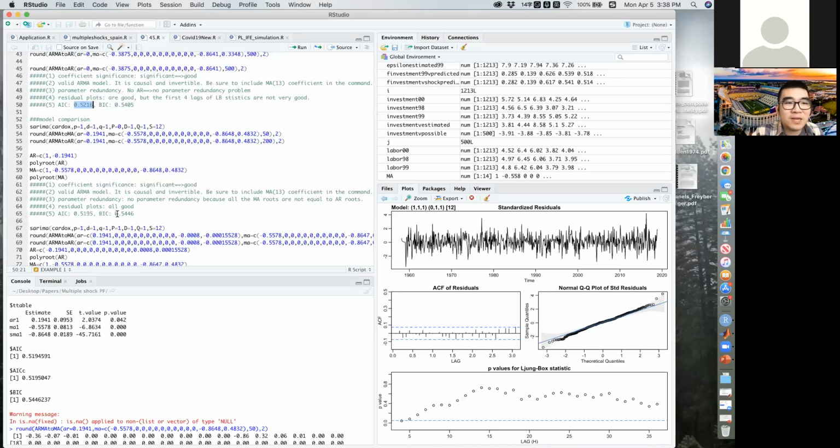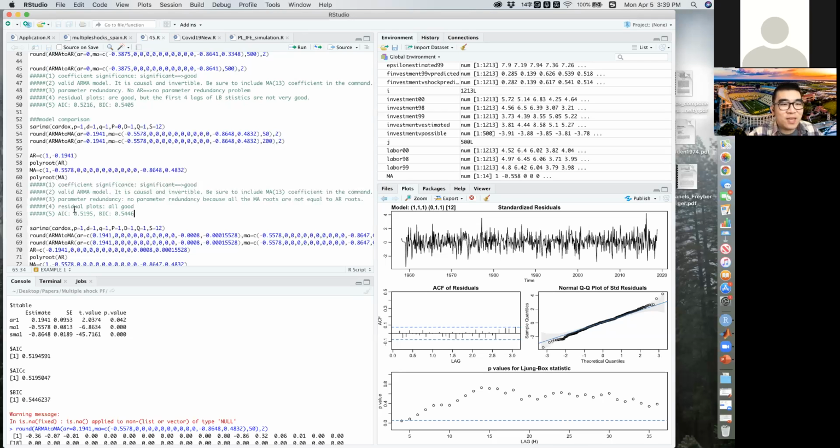Okay, but the BIC for model number 1 is actually smaller than the BIC of model number 2. The AIC and the BIC do not agree with each other, so we cannot say much by just looking at the AIC and the BIC.